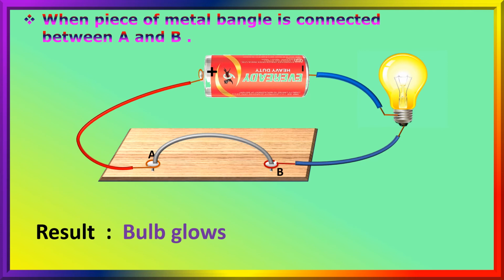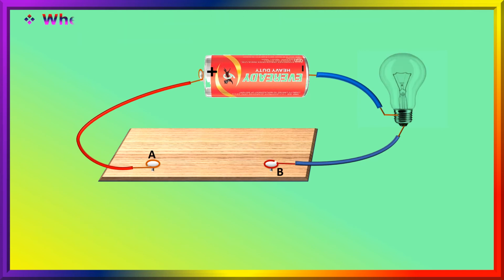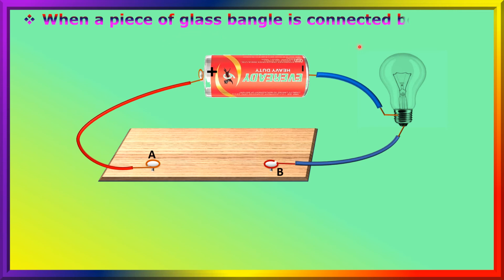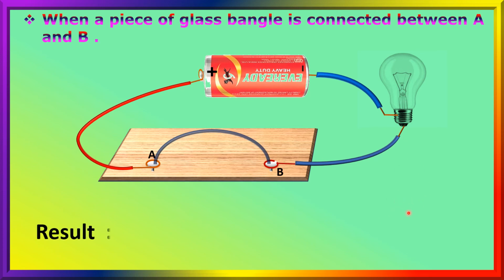Next, when a piece of glass bangle is connected between A and B, the bulb doesn't glow. What is the result? The bulb does not glow.